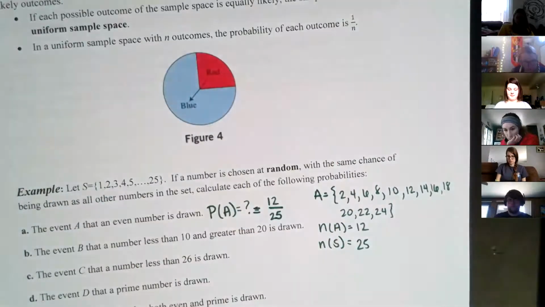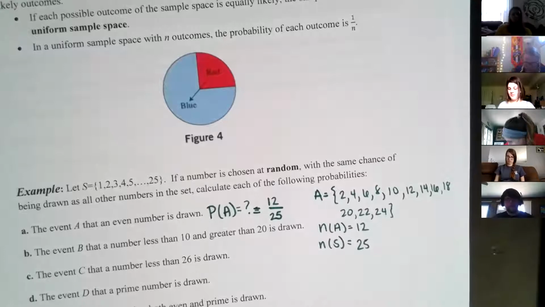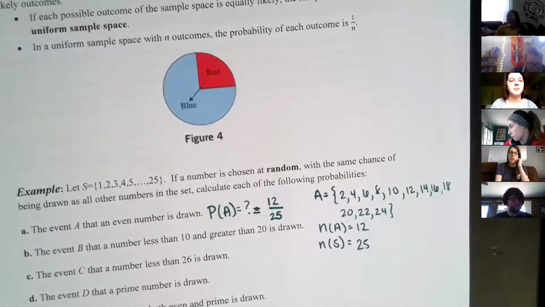So 12 out of 25. And let me see if the book changed that to an actual decimal number. Do you have to write it as a fraction, or can you do like 12:25, like a ratio?